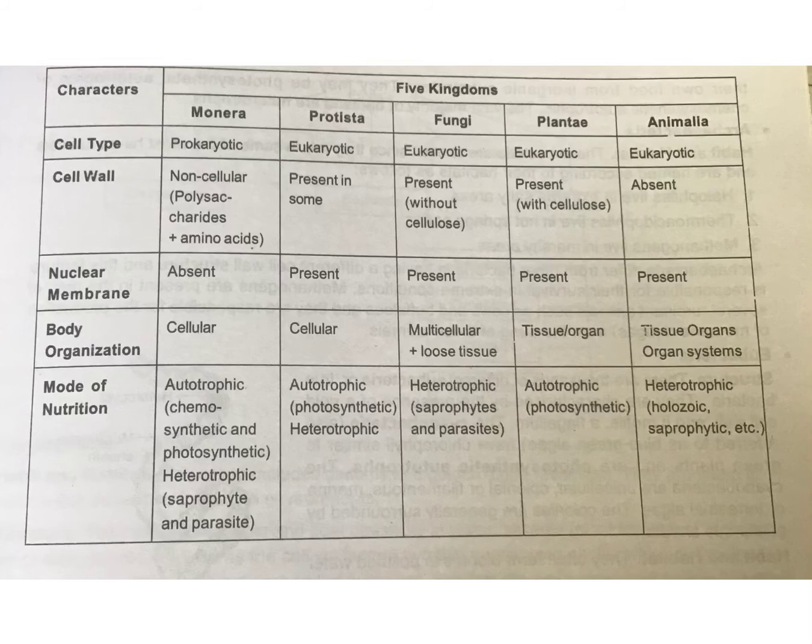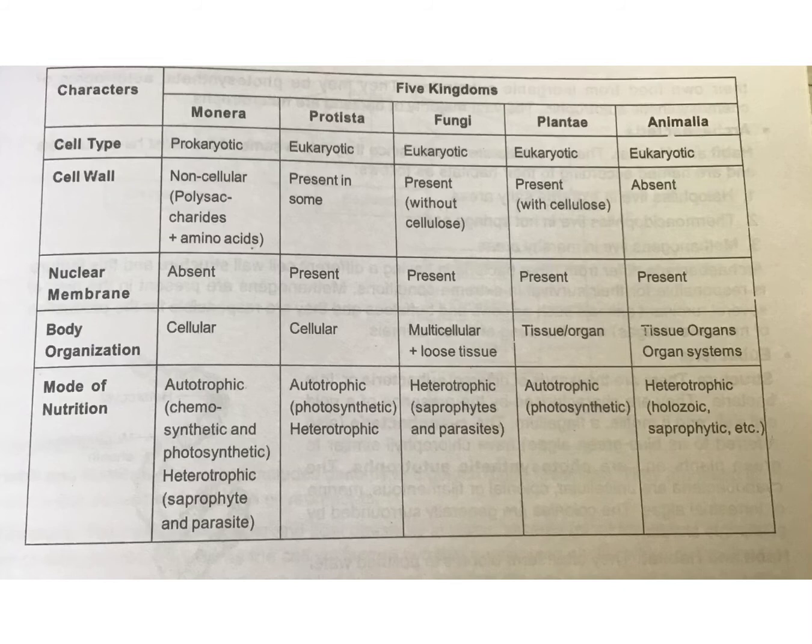Now let's see the mode of nutrition for Protista. They are mostly autotrophic. If they are autotrophic, they are photosynthetic, they use sunlight energy for preparing their own food, and some are heterotrophic, they are dependent on others. Fungi are exclusively heterotrophic, and mainly they are saprophytes and parasites. Saprophytes depend upon dead and decaying matter, and parasites are dependent upon a host organism for their food.